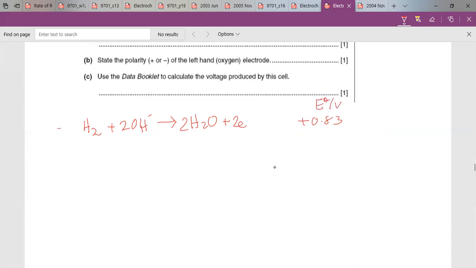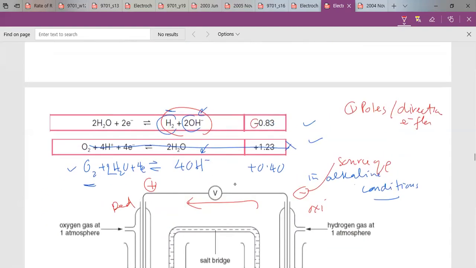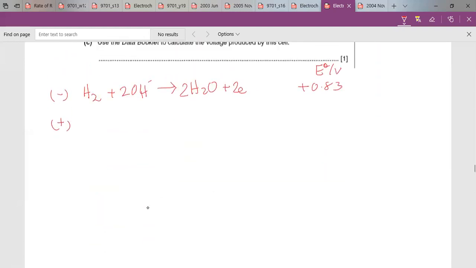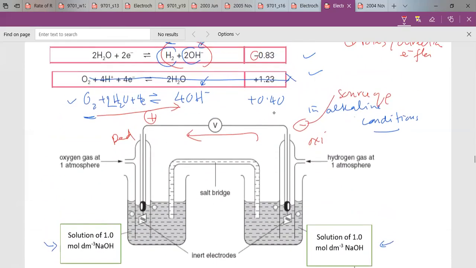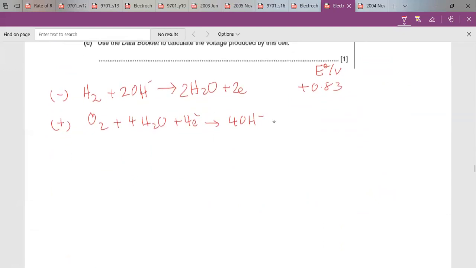So this is your negative pole. The positive pole is still going this way, reduction: O2 plus 2H2O plus 4 electrons gives 4 OH minus, and going forward the value is plus 0.40.